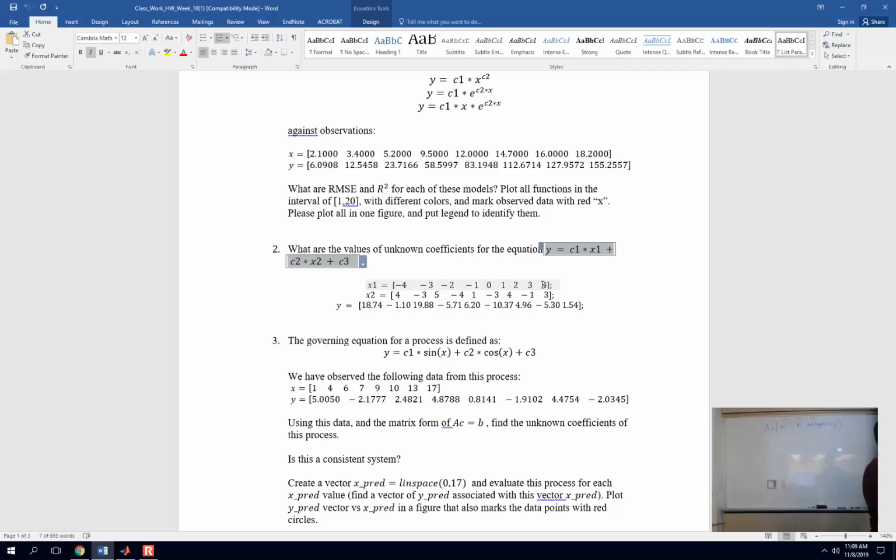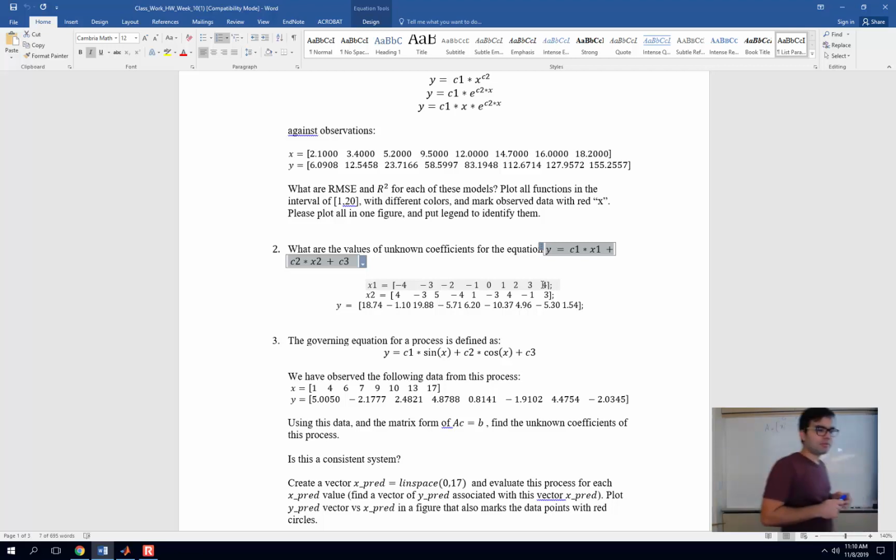Okay, instead of transposing it. Well, it's ones, so you don't really have anything to transpose. You just need to create this 9 by 1 vector, which is ones of 9 by 1. Is it clear?